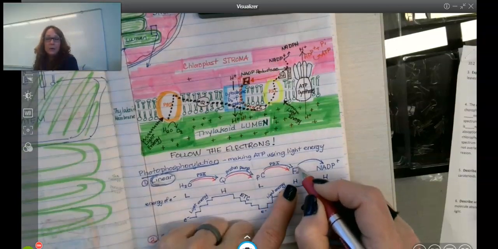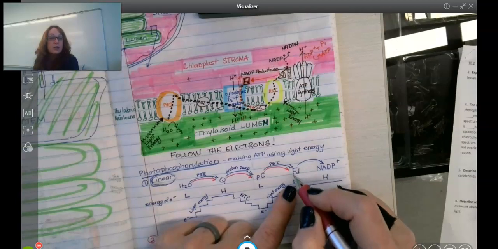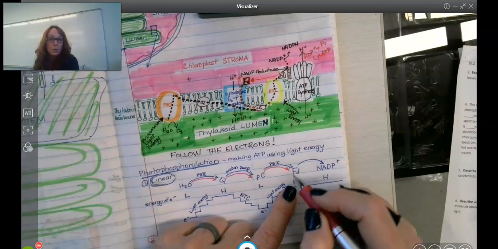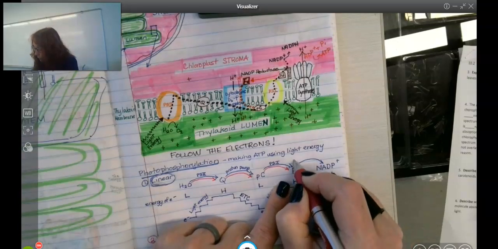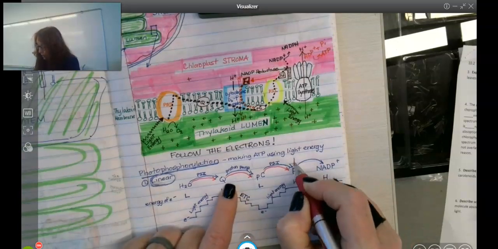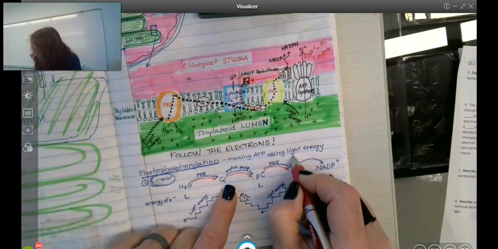And here at ferredoxin, depending upon the conditions in the cell, if there's an insufficient amount of ATP for Calvin to work, as I told you Calvin's a pig, then ferredoxin will send the electrons back through the electron transport chain.